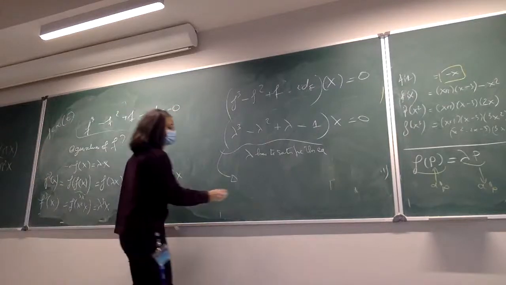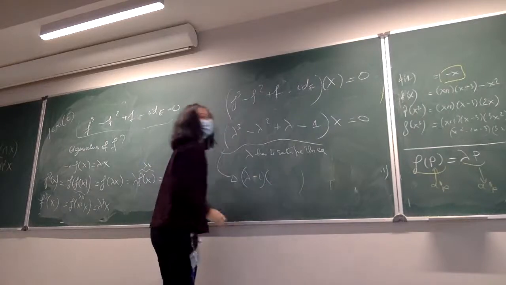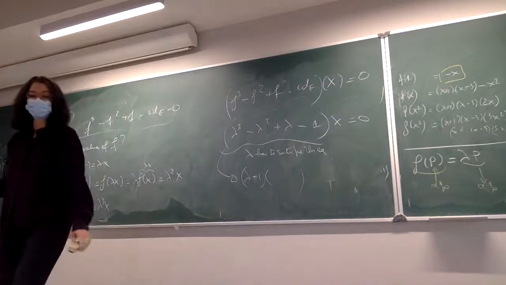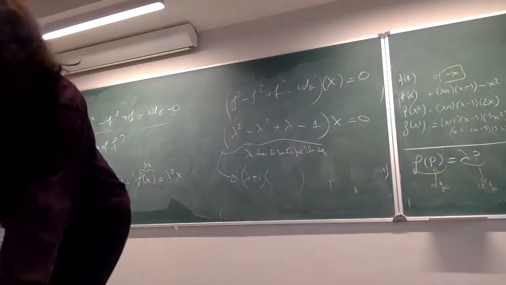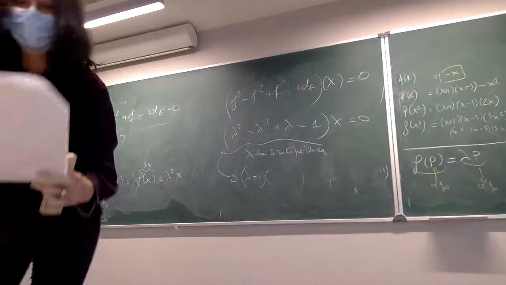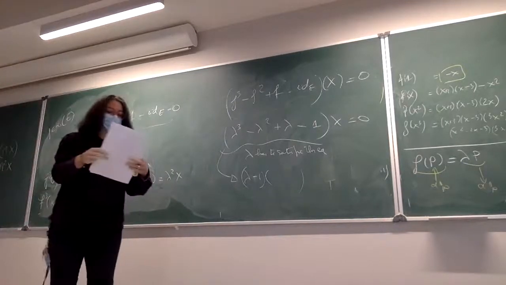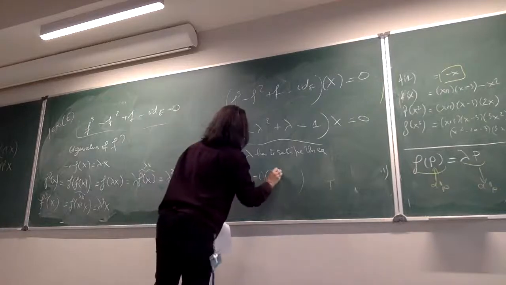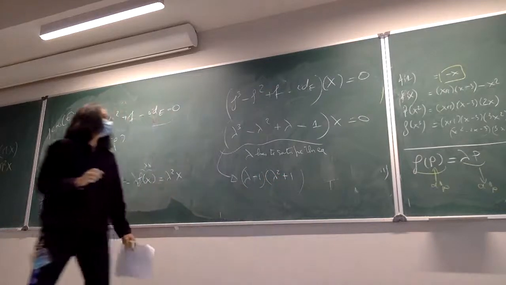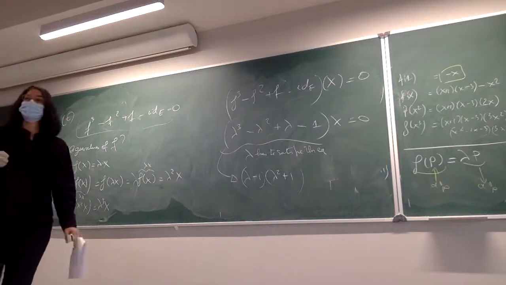So we said 1 is an obvious root. What comes here is going to be a second order polynomial that you have to find one way or the other. And you should find that it's lambda squared plus 1.